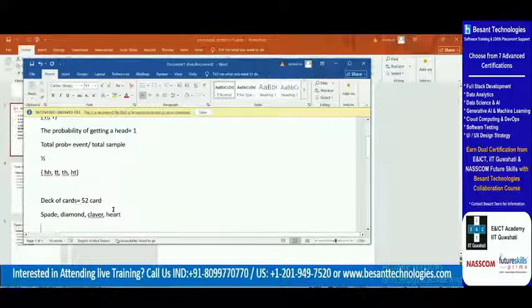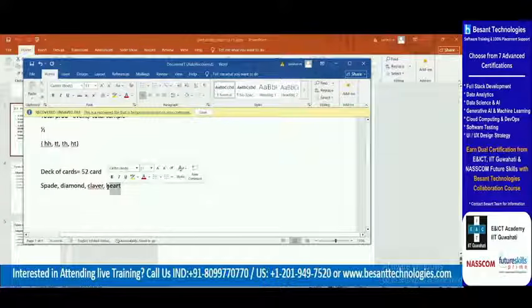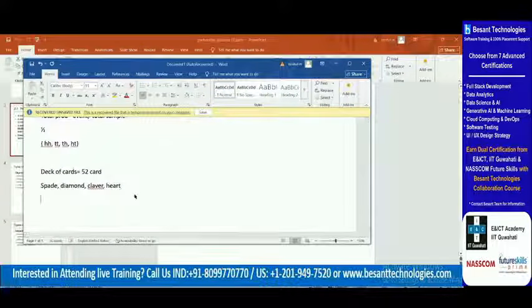So in this, what if I ask the probability of getting only a red card? Red cards mean hearts will have 13 red cards, and diamonds will have another 13 red cards. Added together and divided by the total number of cards, it is 26 by 52.